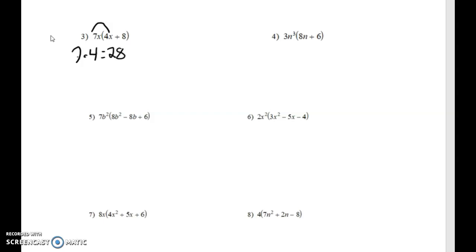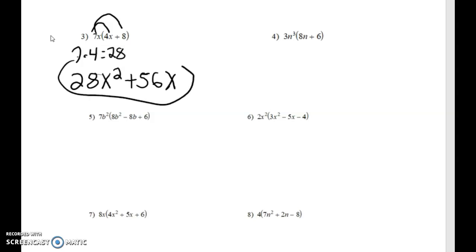Then x times x is going to be x squared. So that's going to be 28x squared. And then we're going to distribute it to the 8. So 8 times 7 is 56x. And we're done.